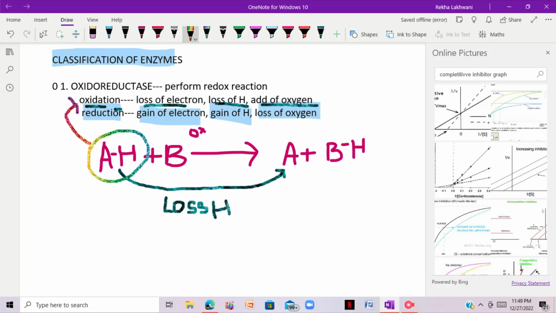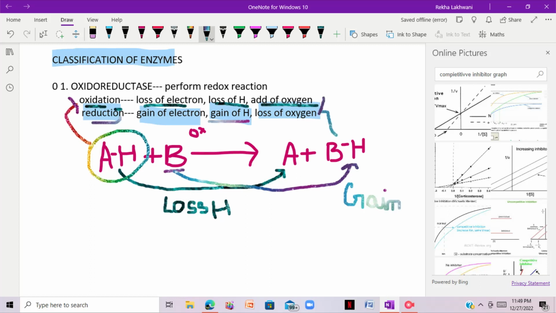According to definition, if there is a gain of hydrogen, this is known as reduction. So it means it has been reduced. So this substance is oxidized, and this is reduced, right?